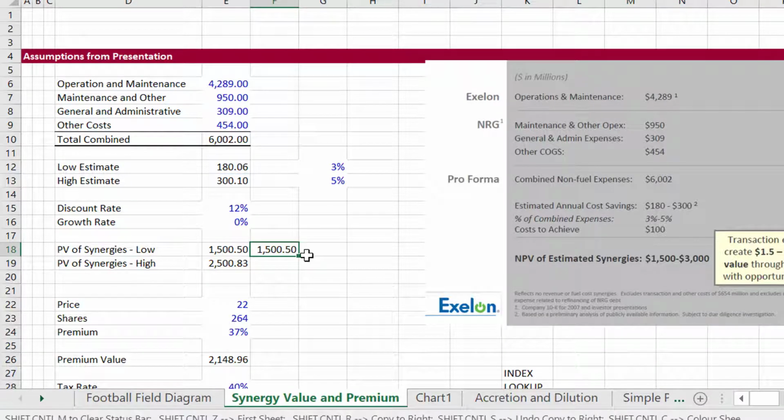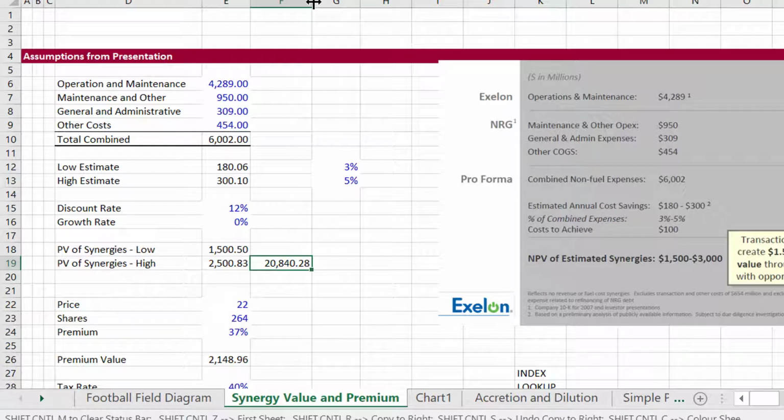That's a pretty high discount rate for the synergies. You take this number, divide by the 12%, and you get the 2,500. Enough of that. Then you can say, here's how much they paid for the company.